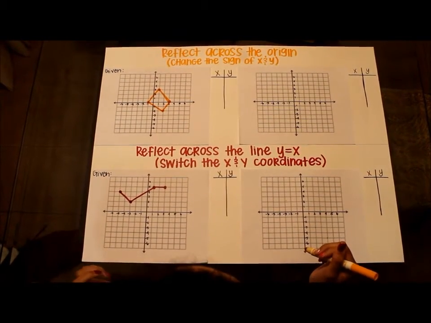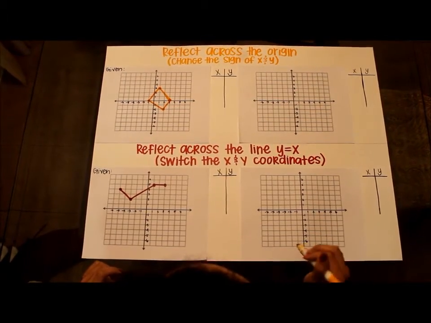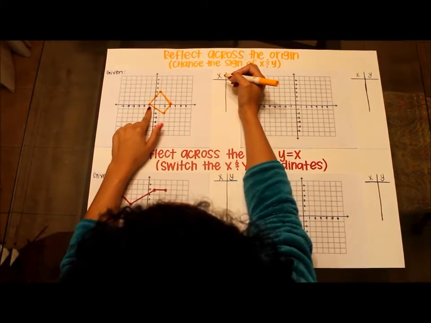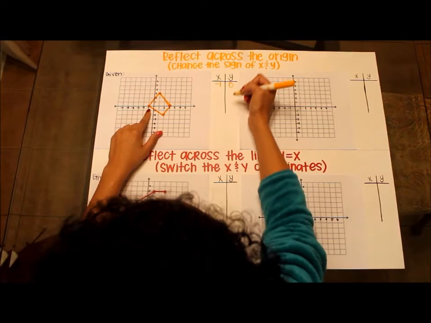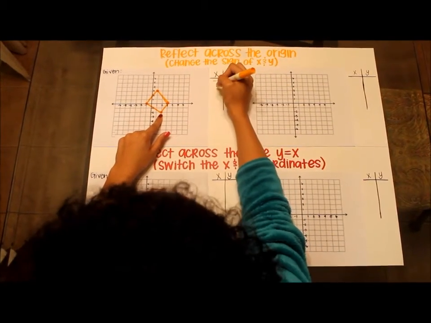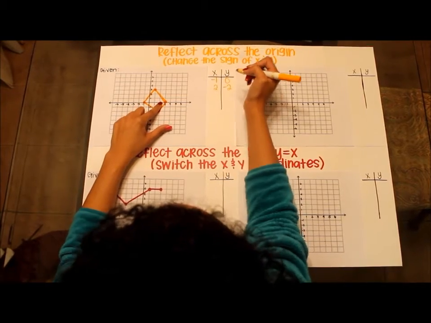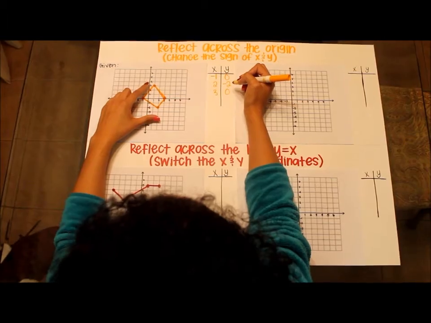Okay, for our third example, we're going to reflect across the origin, which means we're going to change the sign of x and y. So the first thing we're going to do is write the coordinates. First we have -1, 0. Second we have 2, -2. Third, we have 3, 0. And fourth, we have 1, 3.